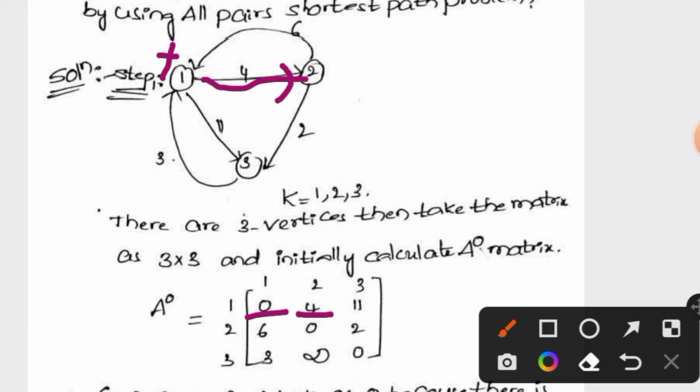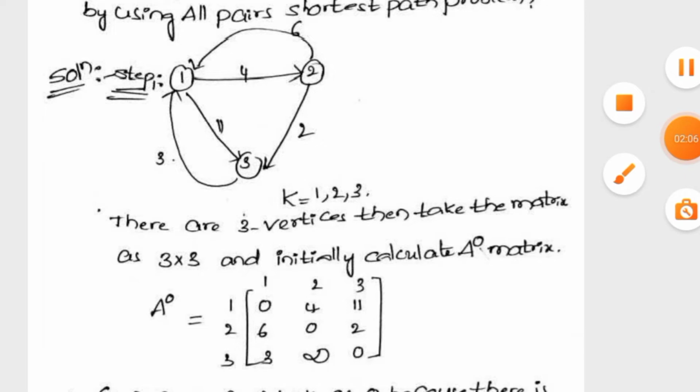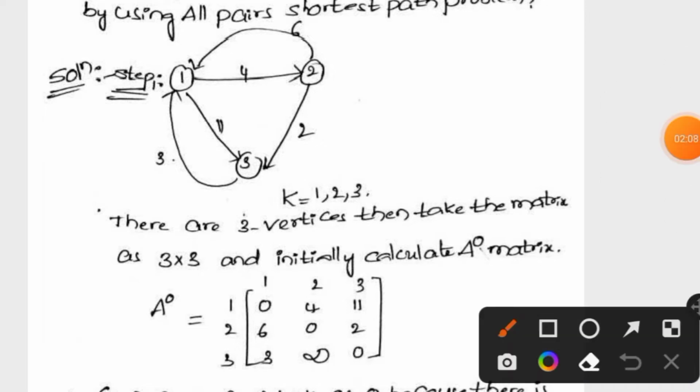So here from vertex 1 to vertex 3 we have one edge, the value is 11. Next, second row: that is 2 to 1. So 2 to 1 is another edge, and the value is 6.